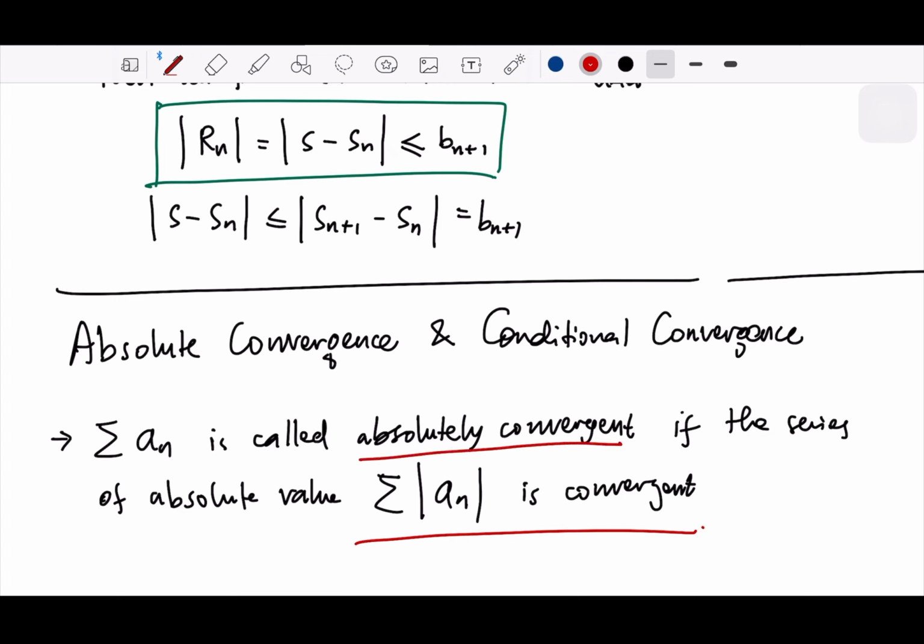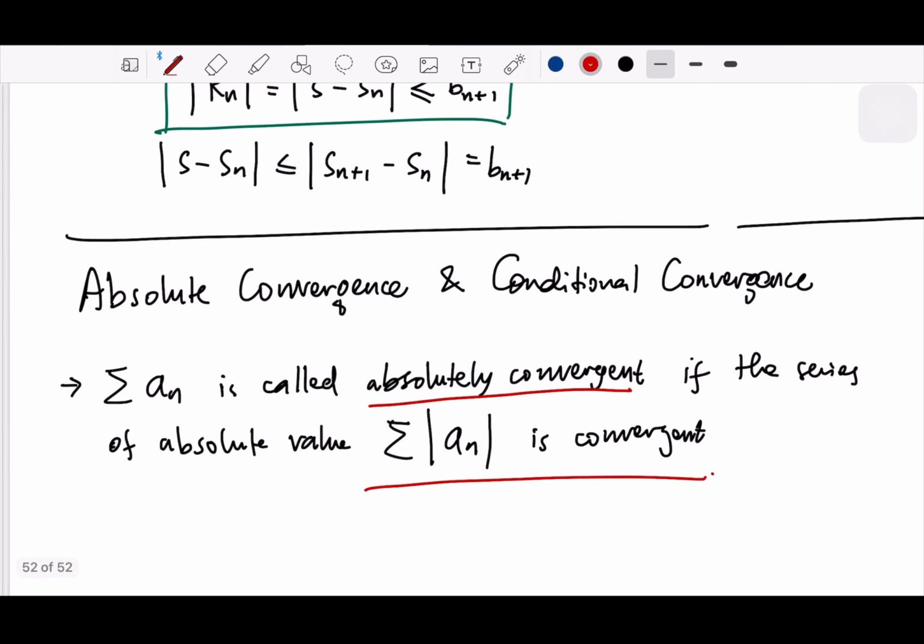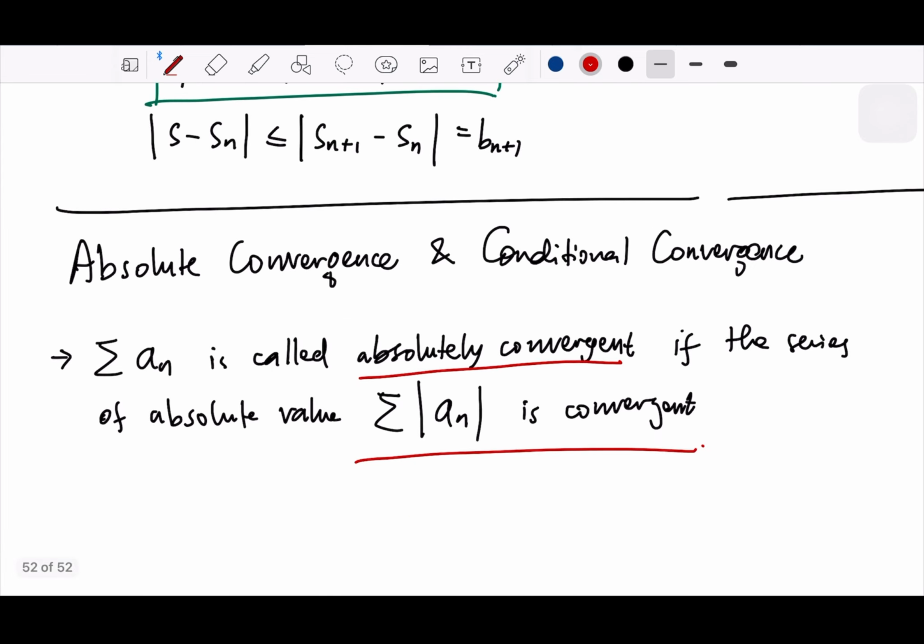So it's clear. The original one is convergent. It has the alternating series that's also convergent. So the absolute values converge.